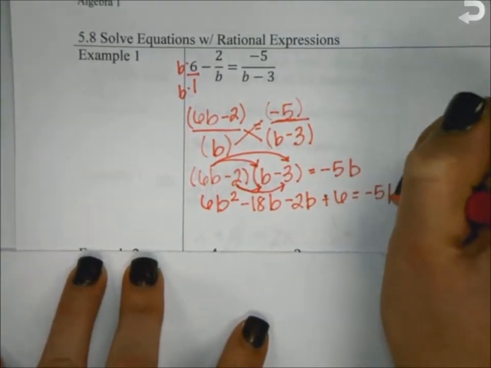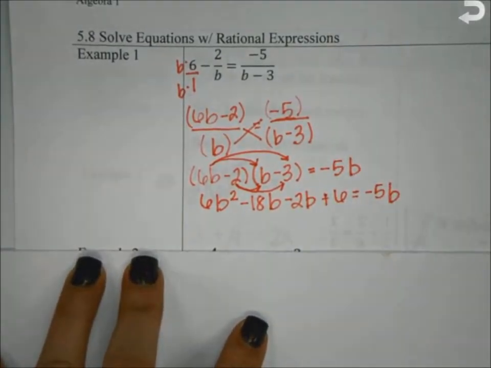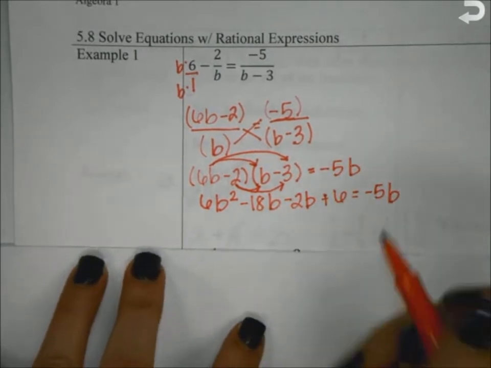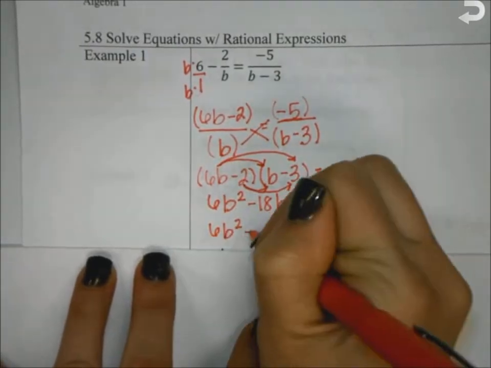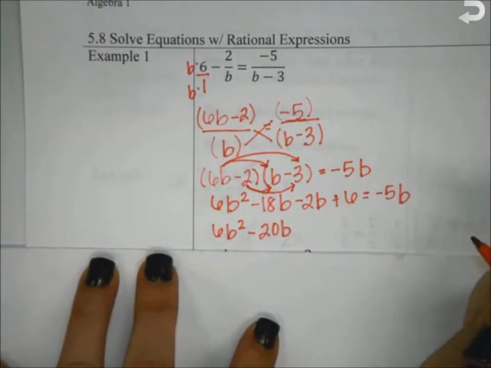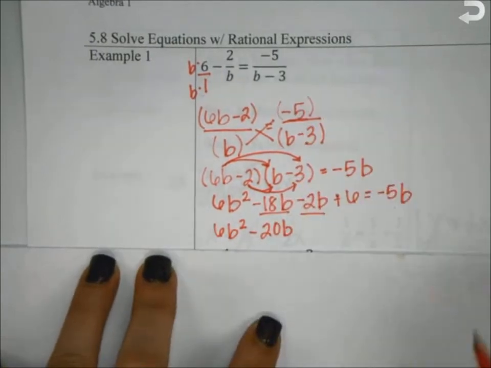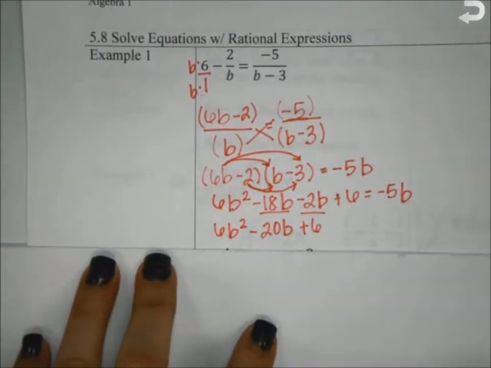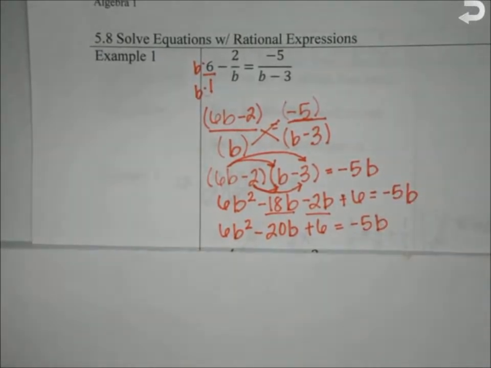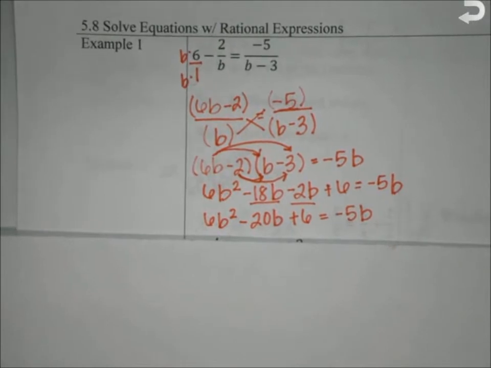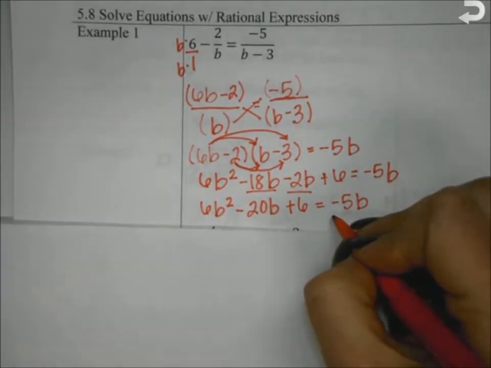And then what do I do? Yeah, we can combine like terms. So that gives me 6b squared minus 20b, because these guys are like terms, plus 6 equals negative 5b. And now I don't have all my terms on one side of the equal sign, so what do I have to do? We want to add 5b to both sides.